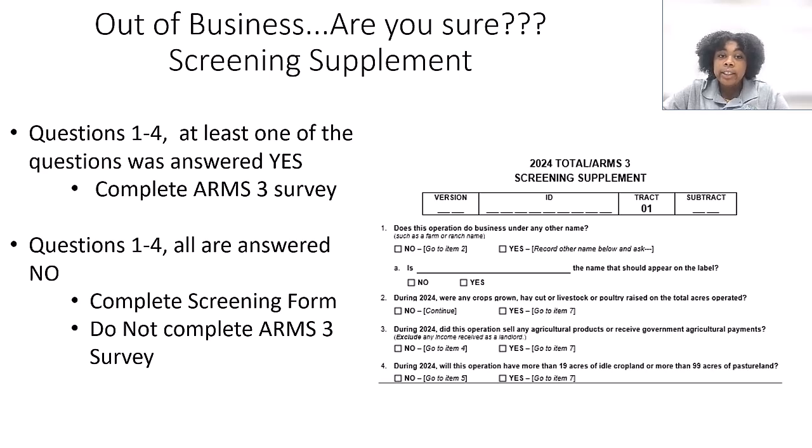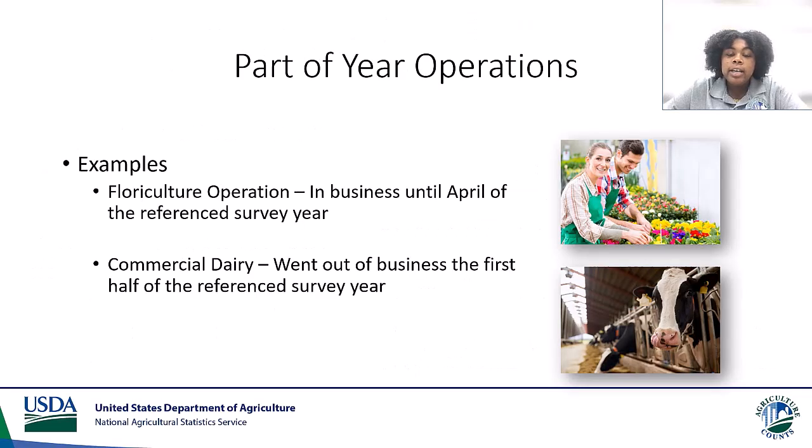Please write clear notes on the completed form, either on paper or in CAPI, to identify the part of the year that the operation was in business. Here is an example of part of the year operations. For example, a floriculture operation that went out of business in April of the reference year might have a lot of revenue for all the sales from Valentine's Day and Easter, but might not have a lot of expenses.